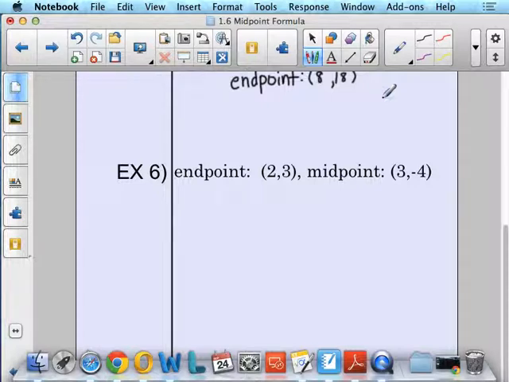The midpoint 3, negative 4 is equal to the sum of the two endpoints divided by 2. So I know the endpoint, the first X value is 2. We don't know the second X value. We always divide by 2. For the Y coordinate, the Y value is 3. We don't know the second y value, and we're dividing by 2.